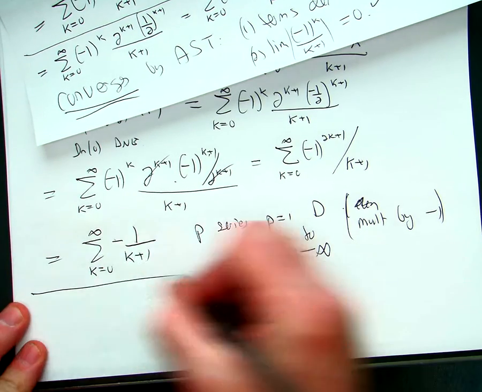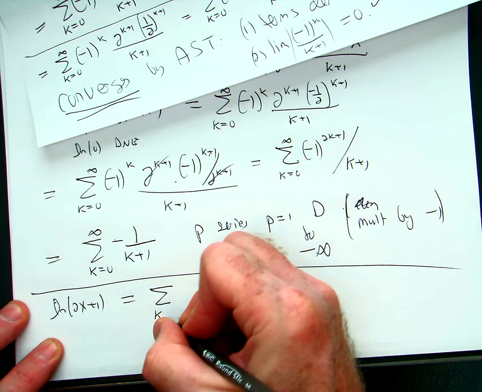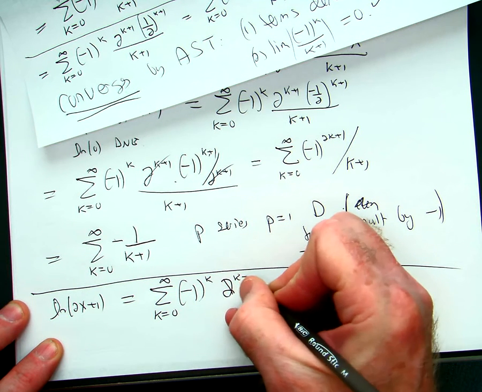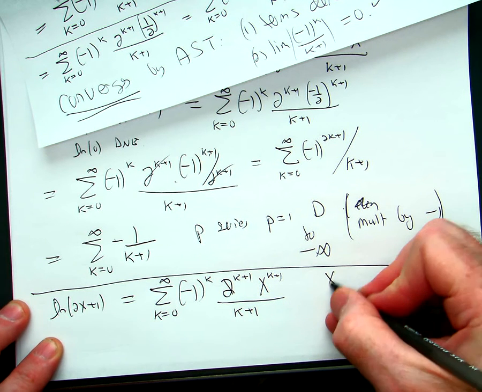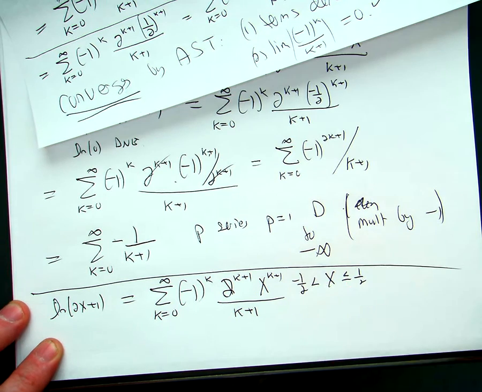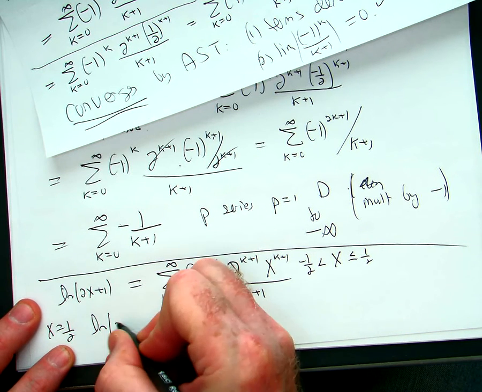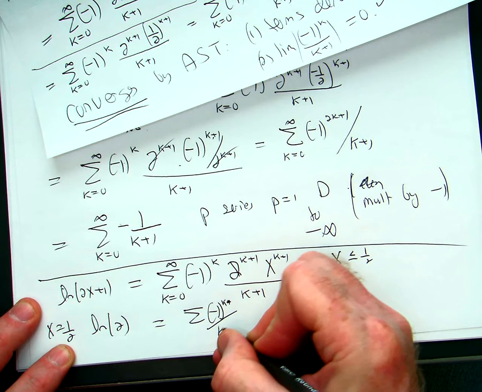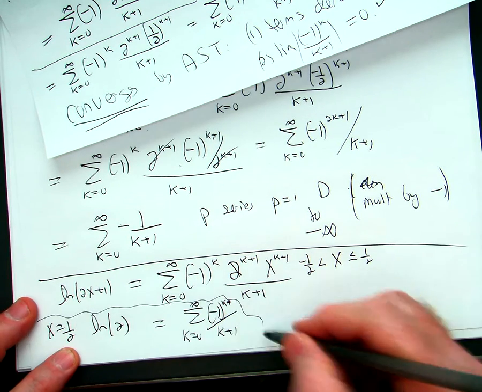The upshot is that log 2x plus 1 is equal to this series for x less than or equal to 1/2, but strictly greater than minus 1/2. And what we saw before, that when x is equal to 1/2, I get the log of 2, and that series we saw before was this. Okay, so that's it. That's just a different way to do the problem.